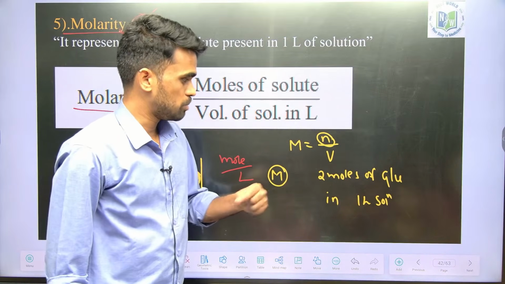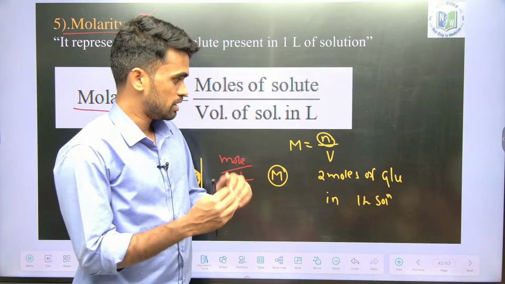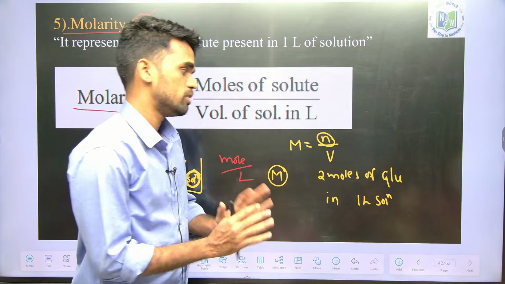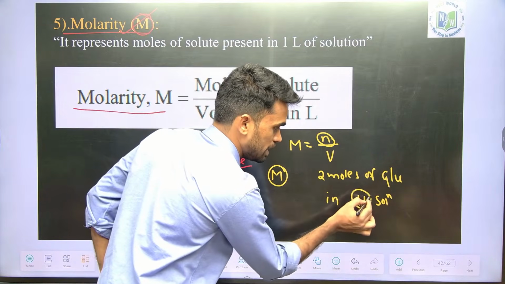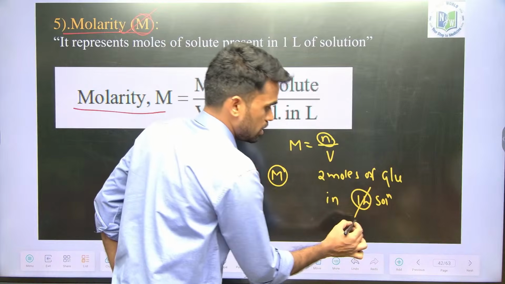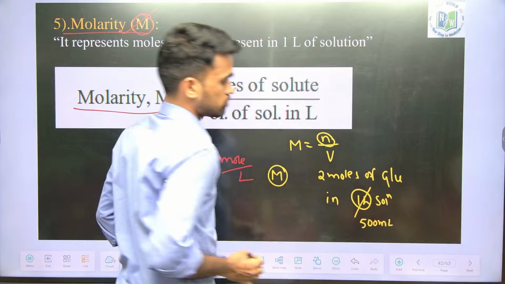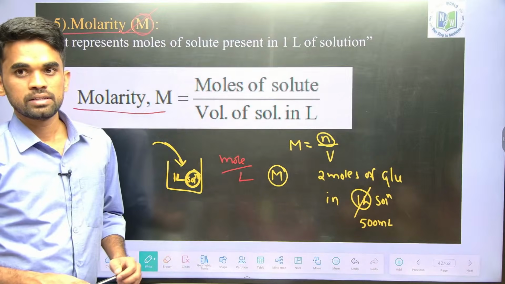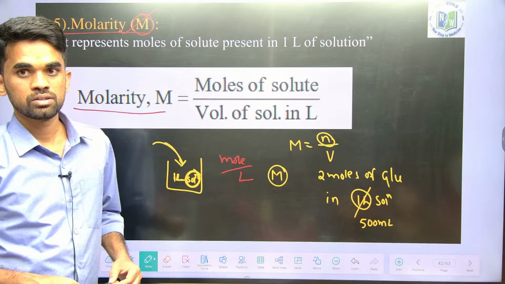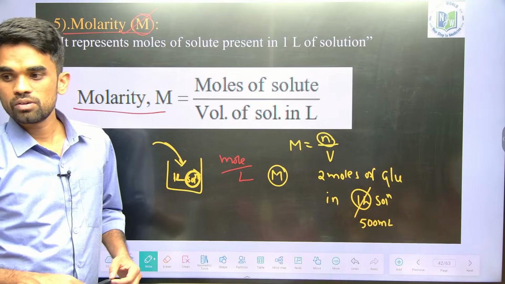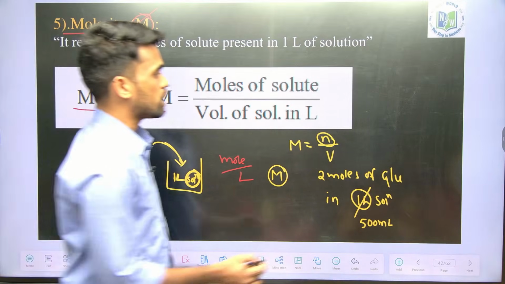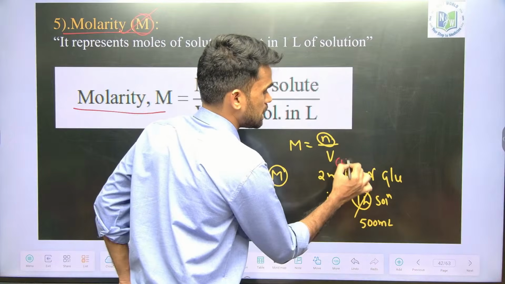Okay, now the same question. Don't think I am giving you direct questions, I will explain it, no issues. Instead of saying 1 liter, I am writing 500 ml. Now tell me, how can we do it? This volume is in liters now.